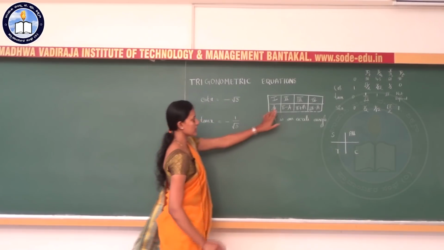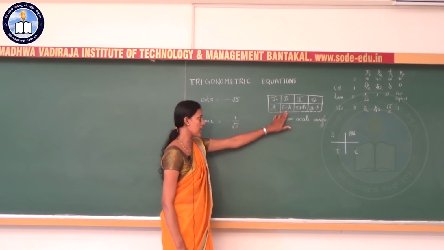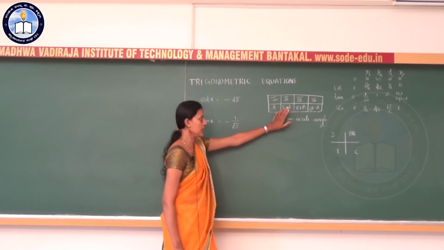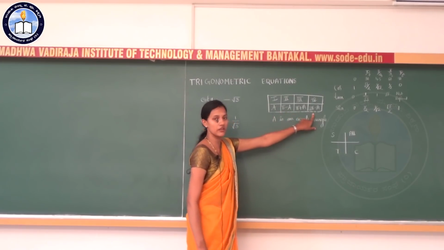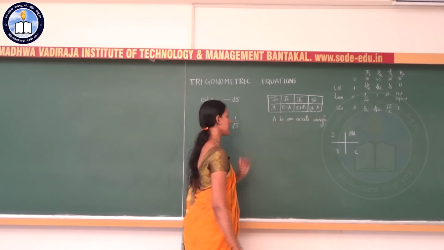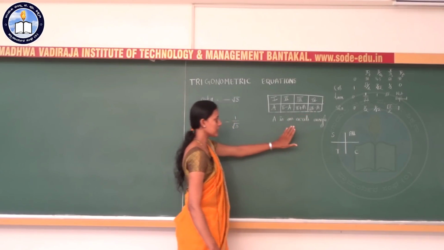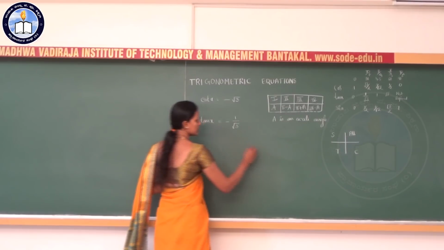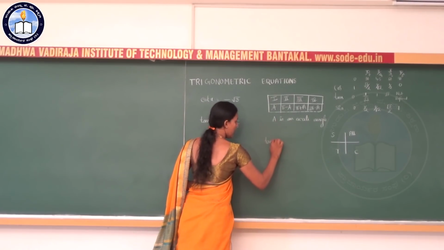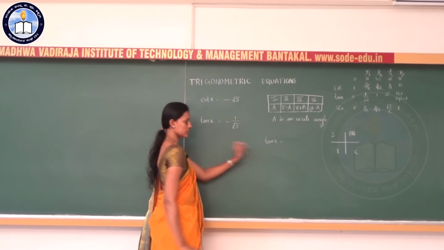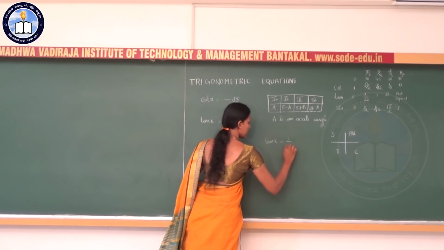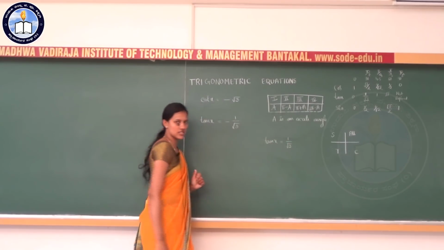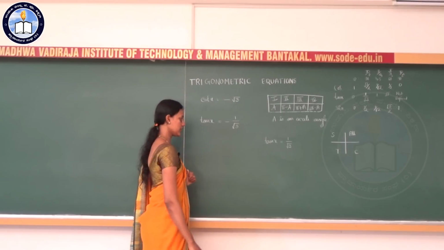In the second quadrant we calculate the angle as pi minus a, and in the fourth quadrant we will be taking it as 2 pi minus a. Also we need to find the acute angle A. To find the acute angle A, we will be taking the positive value of the trigonometric function. So, we will be taking it as plus 1 by root 3.